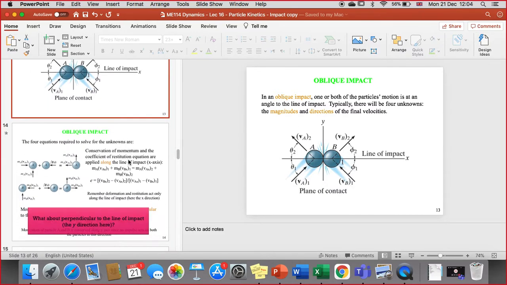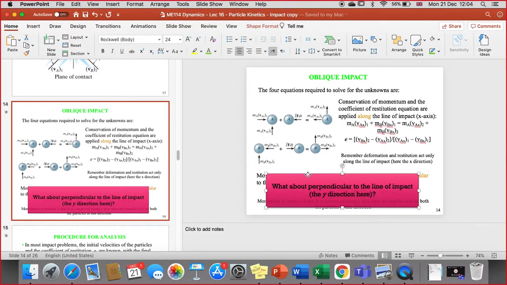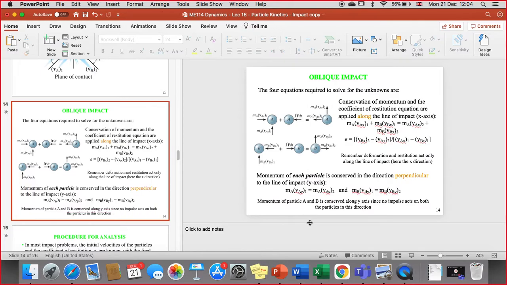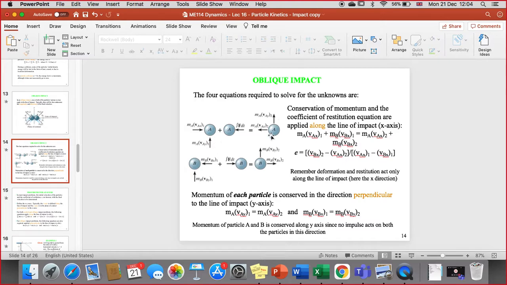If we do that for oblique problems, then we see that when we analyze it along the line of impact, we have a problem which looks extremely similar to the central impact case.